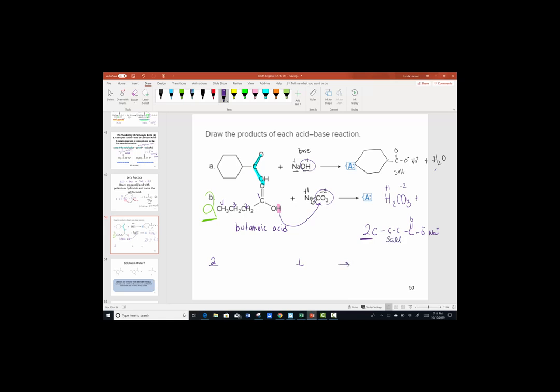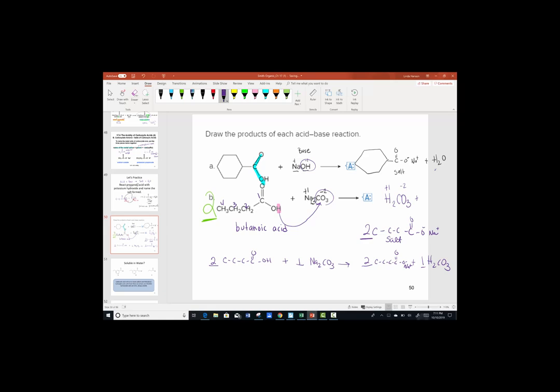The salt would be written first, 2 salts, plus 1 H2CO3. 2 units of butanoic acid plus 1 unit of sodium carbonate will form 2 units of our salt and 1 unit of carbonic acid, H2CO3.